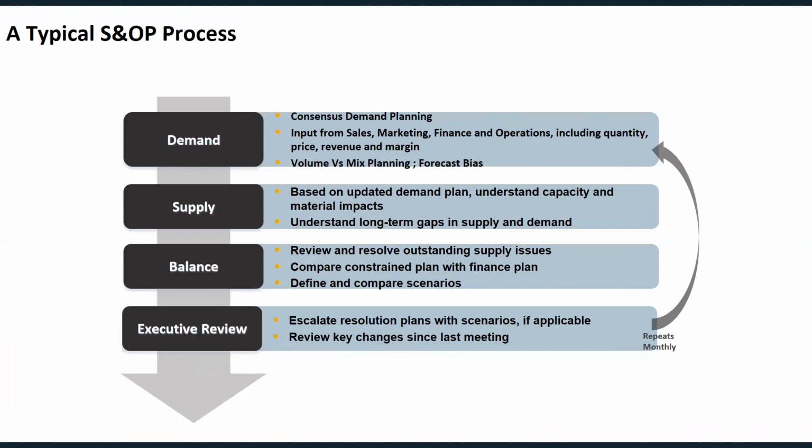Once that phase of the SNOP process is complete, the supply team looks at those numbers, looks at the updated demand plan, maps it and puts it in their views and spreadsheets to understand whether the organization can meet this demand with the given capacity, given resources, and other material constraints.